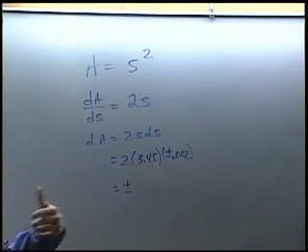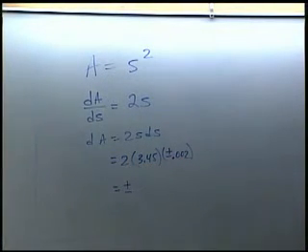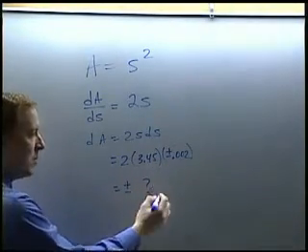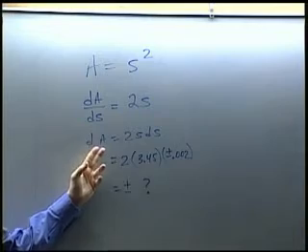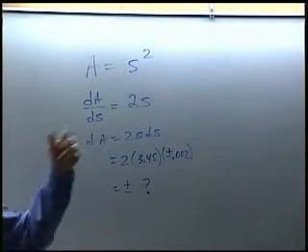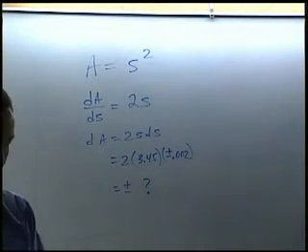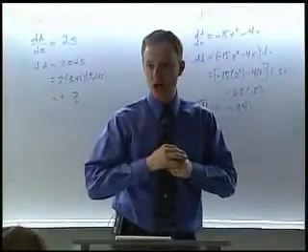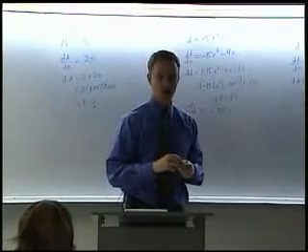It might be a little smaller if it's negative 0.002. And you just multiply this out and see what that value is, and that's how much the area could be off if the side length is off by 0.002. Any questions with this? Differentials is actually not a really difficult concept to grasp.